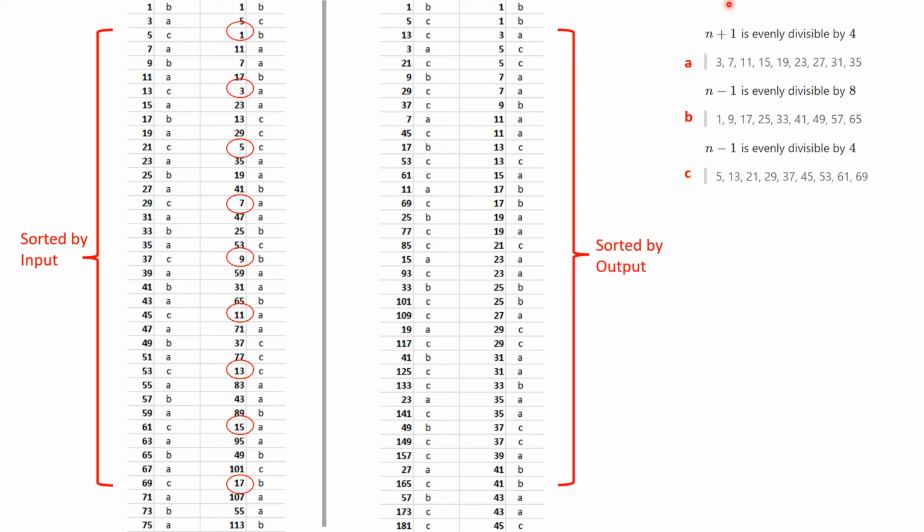So just to make it clear what really A, B, and C are, remembering n is odd: if n plus 1 is evenly divisible by 4, the number belongs to A. If n minus 1 is evenly divisible by 8, the number belongs to B. If n minus 1 is evenly divisible by 4, the number belongs to C. And you will not get any overlap between A, B, and C if you consider them to be sets.